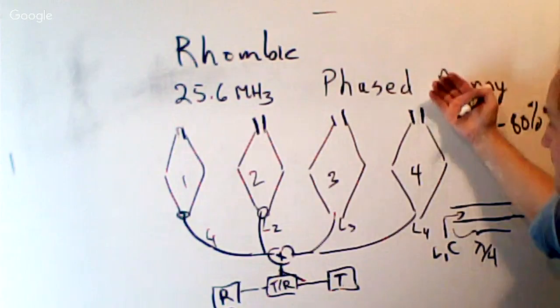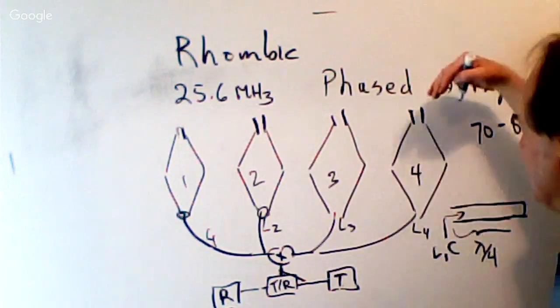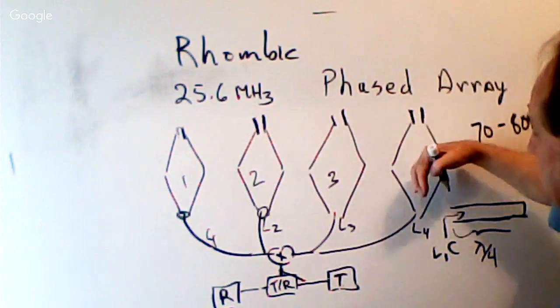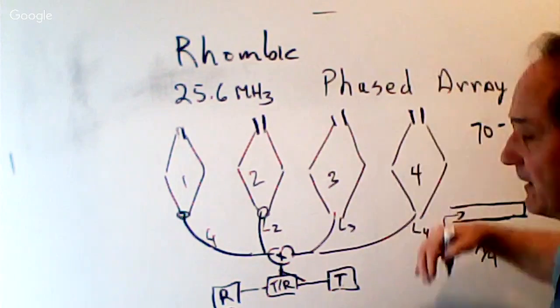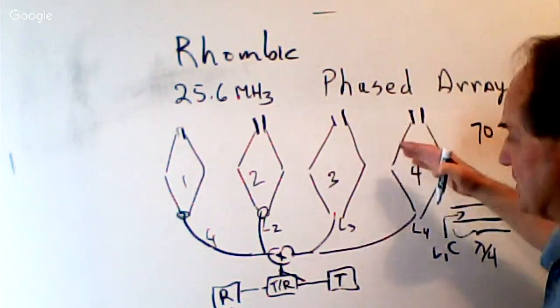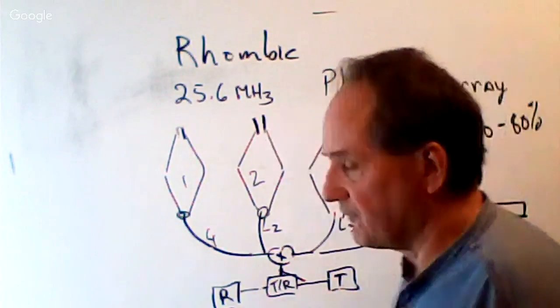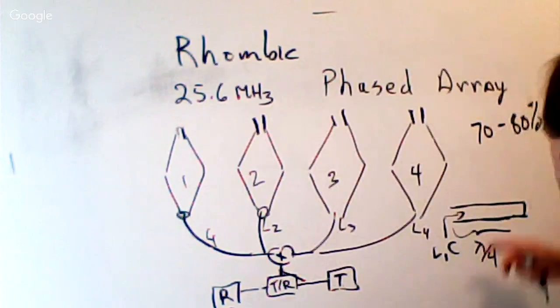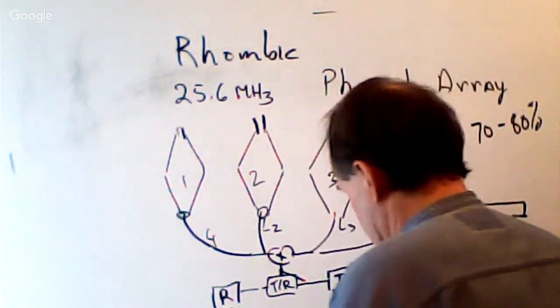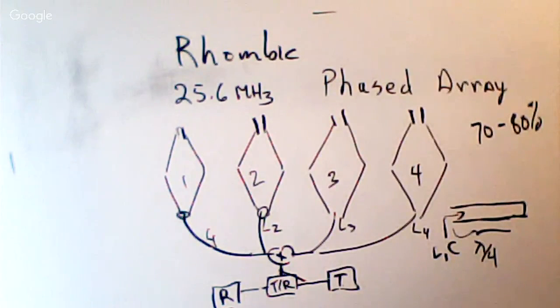And what they'll do is they'll reflect signal back into the line, and with the proper choice, the signal that's reflected back into the antenna can reinforce the signal coming from the transmitter and give you more efficiency and more gain. So that's what you can do here with the rhombic antenna.